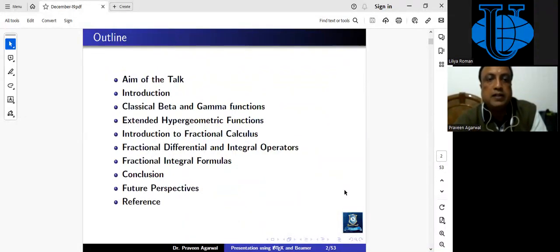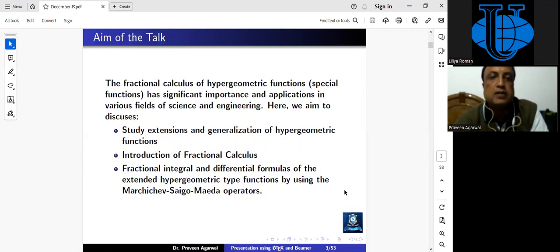The outline: aim of the talk, introduction, classical beta and gamma function, extended hypergeometric function, introduction to fractional calculus, fractional differential and integral operators, fractional integral formulas, conclusion, future perspective, and references. The fractional calculus of hypergeometric functions has significant importance and application in various fields of science and engineering.